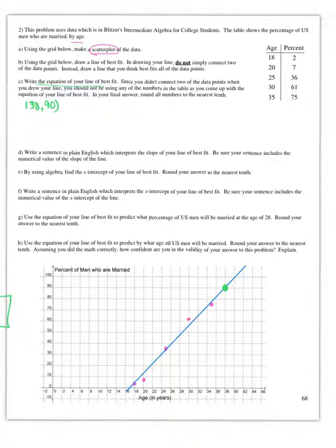And the second point is (24, 30). So once you have 2 points, you're able to find the equation of the line by first finding the slope and then using one of the points to find the b.